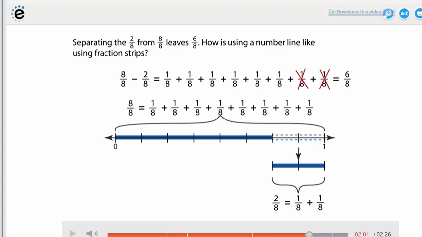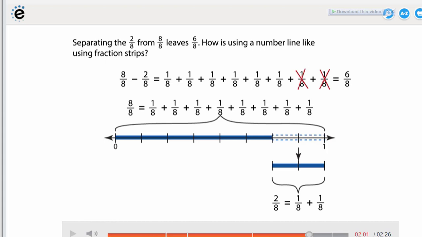What is the similar thing here? Yes, Muhammad, what's your answer? Okay, Abdurrahman. They are the same because the number line has 8 equal parts.